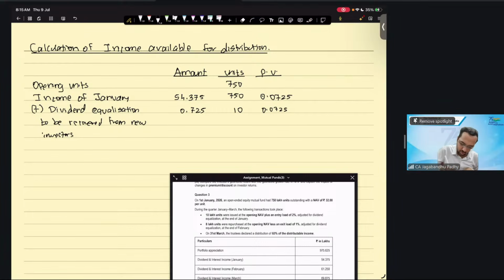So now the total that we have is how much? 54.375 plus 0.725, 55.1. This total money which is accumulated is 55.1. Can you tell me this belongs to how many unit holders?